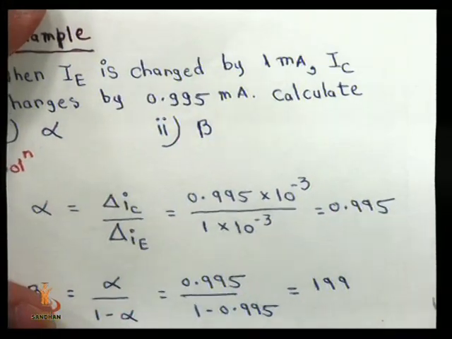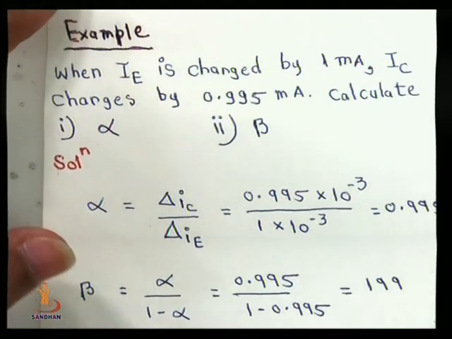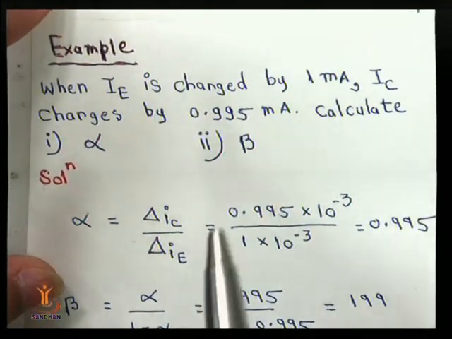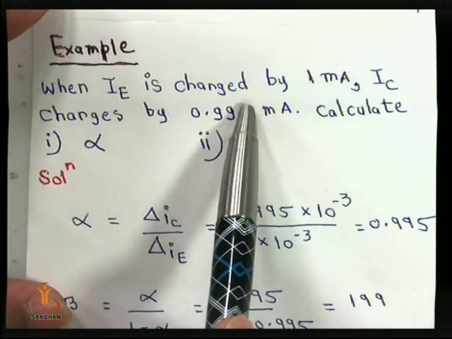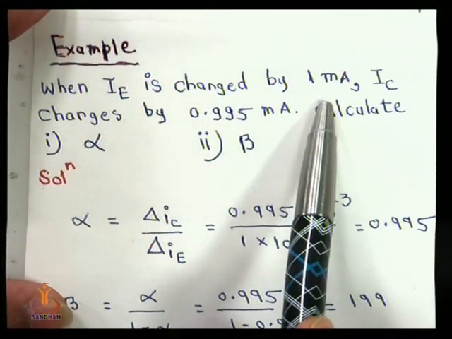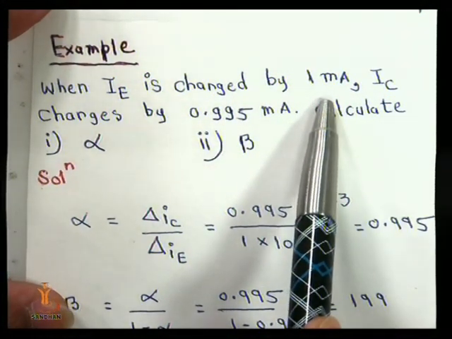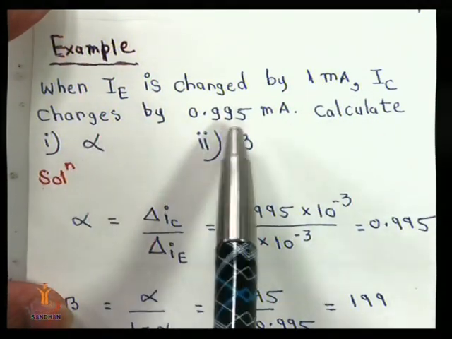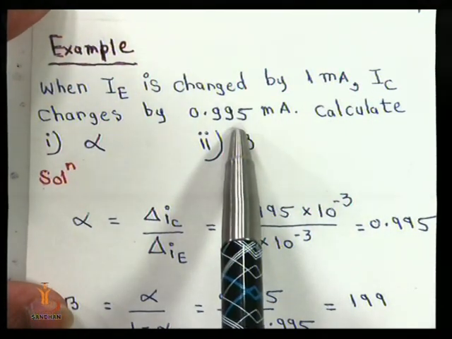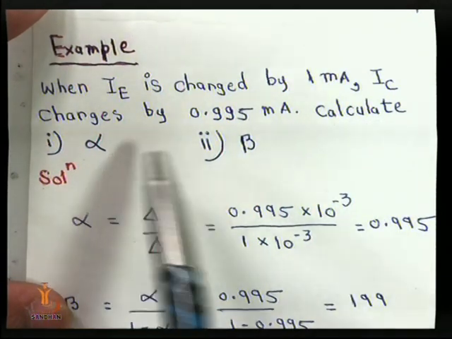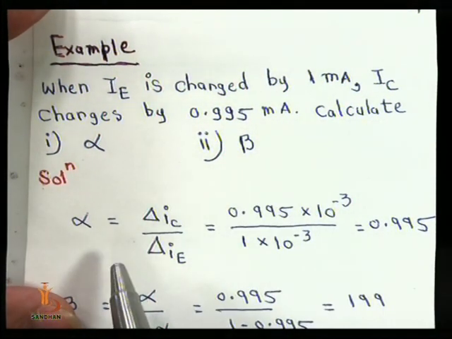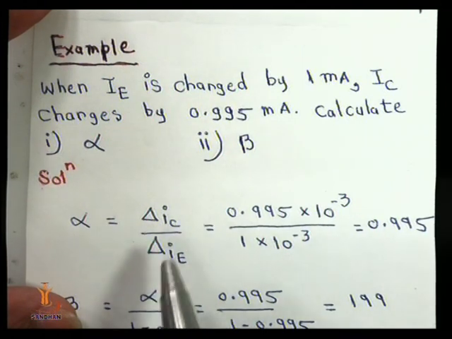Again, let me try to cover one numerical based on this particular derivation. When IE is changed by 1 milliampere, so del IE is 1 milliampere, IC changes by 0.995 milliampere. Calculate the value of alpha and calculate the value of beta. Alpha is nothing but del IC upon del IE.